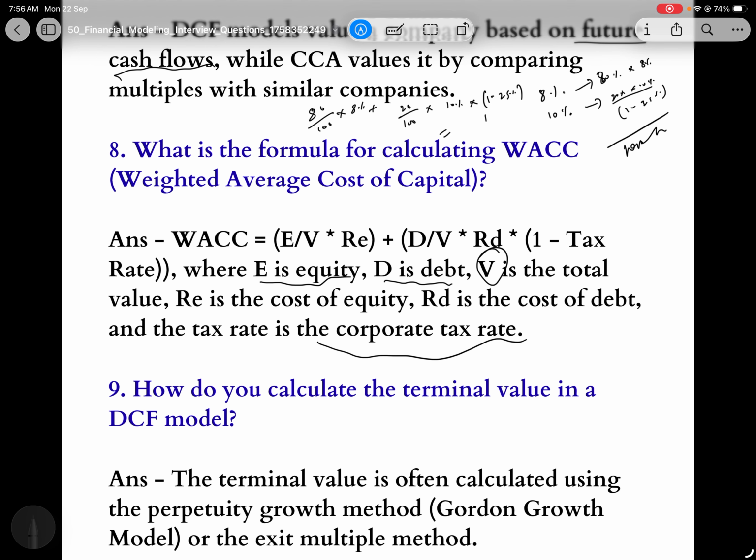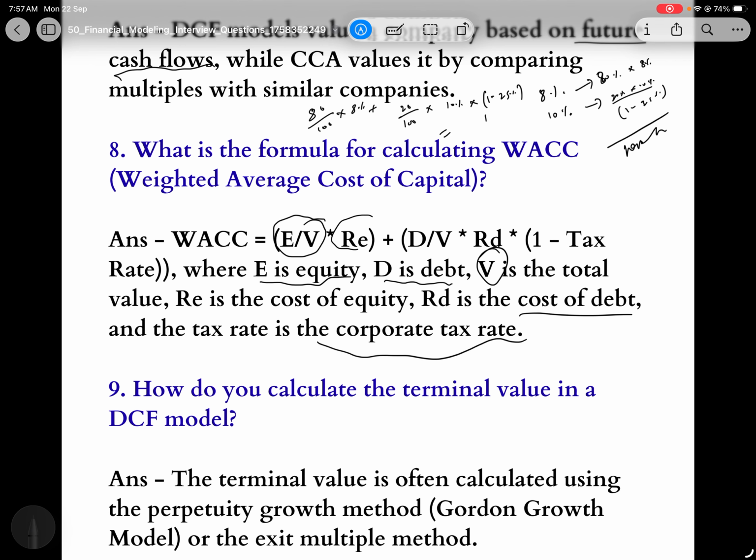Okay, so RD is cost of debt, right? So it's basically calculating what's the cost of our capital if we have it on the basis of proportion of the capital with their rates. Okay, that's what we are doing over here, right? With the formula, we are getting the equity portion, how much is it, right?